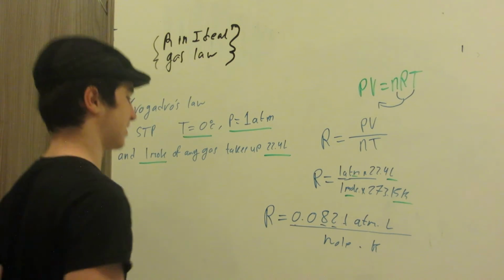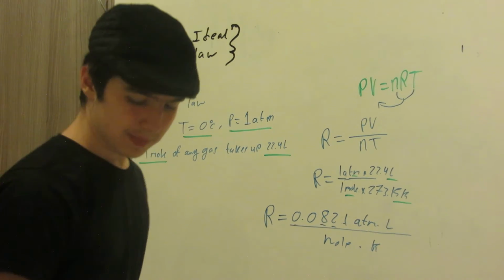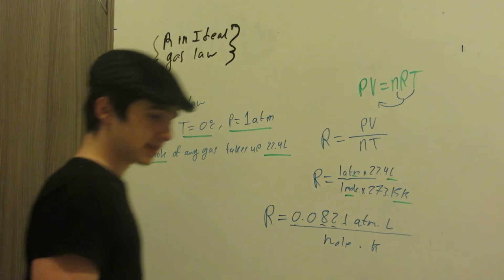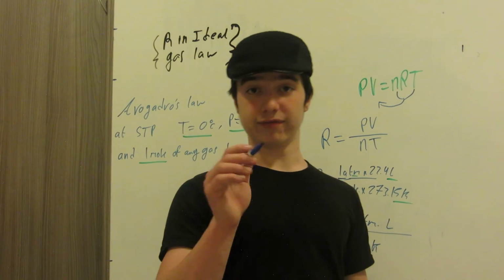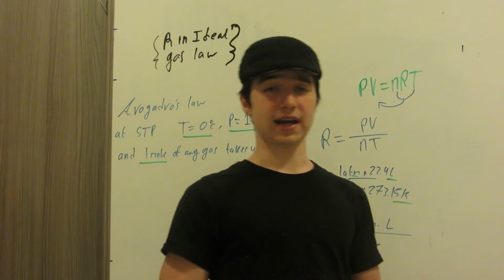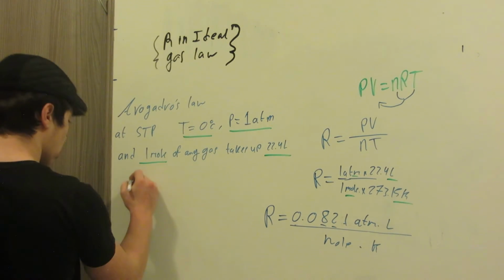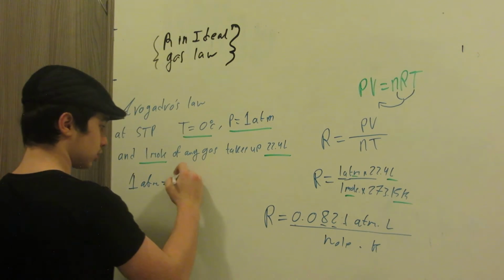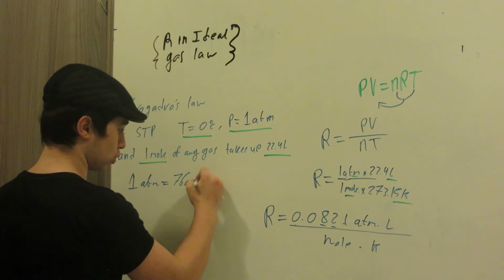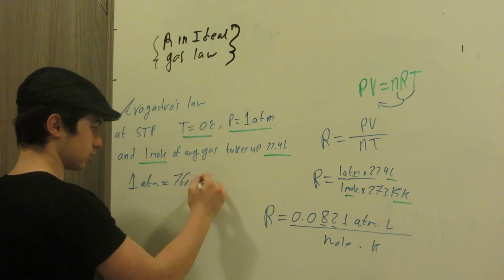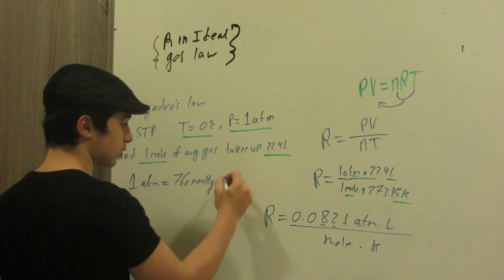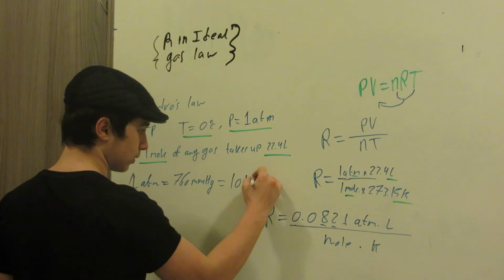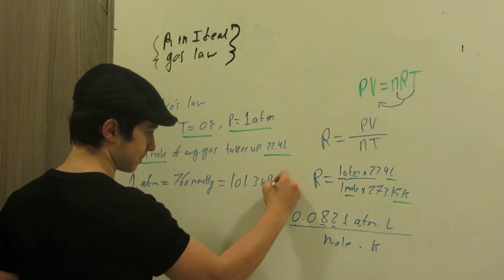What about the other units? It's really simple, to be honest, because you can just use the formula that I mentioned in a video called Conversion of Gas Units. As you remember, 1 ATM equals 760 torr, or millimeters of mercury, which equals 101.3 kilopascals.